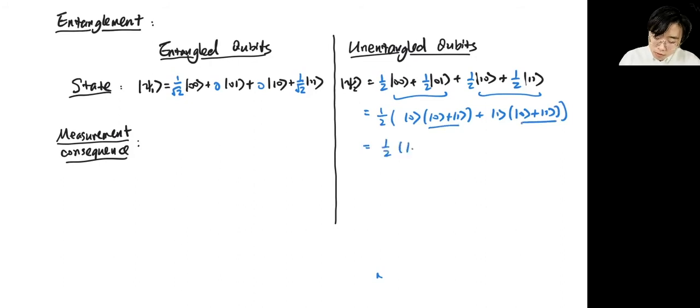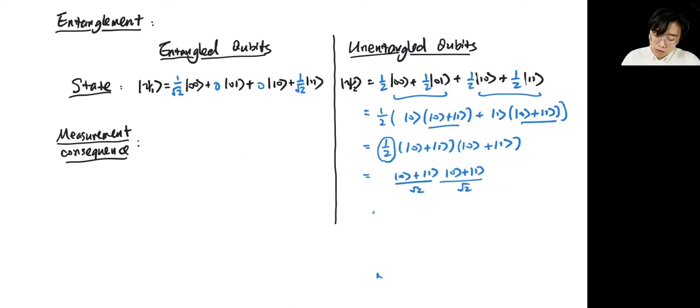So what we get, in fact, is 0 plus 1 for the first qubit. Same thing for the second. Let's distribute the coefficients as well. We will then end up with a product of this form. It is a product of two qubits.